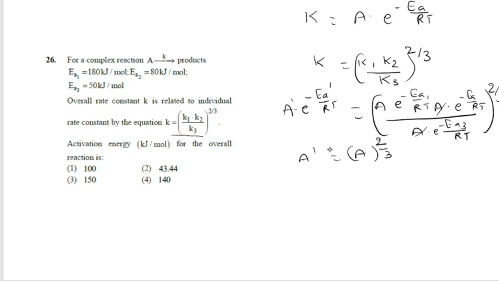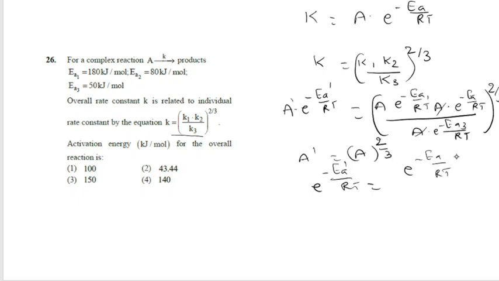Then let's take out that A dash, that is equal to A to the power 2 by 3. Then you will get e power minus EA by RT and all. So let me write that one. E power minus EA dash by RT is equal to e power minus EA by RT.